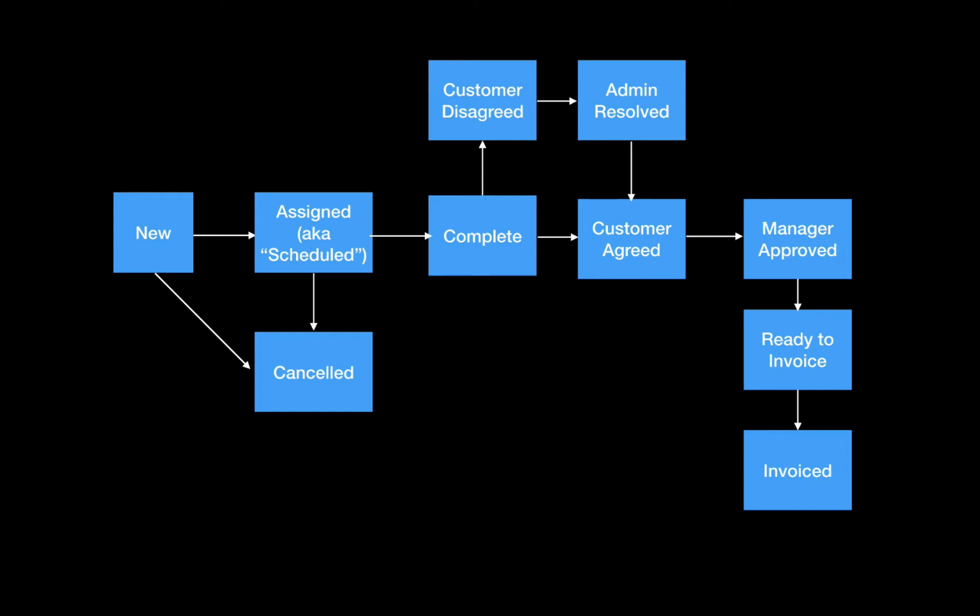At this point, the status of the request will become assigned, and the customer will actually get a push notification indicating that the request has been scheduled, and it'll give them some additional information like who the crew is, and perhaps their contact number as well.